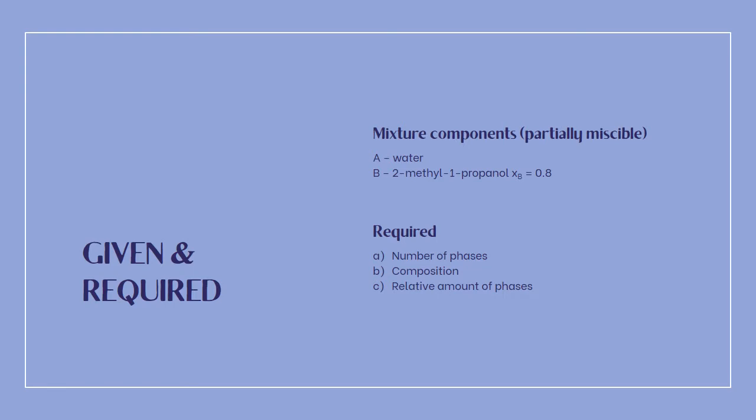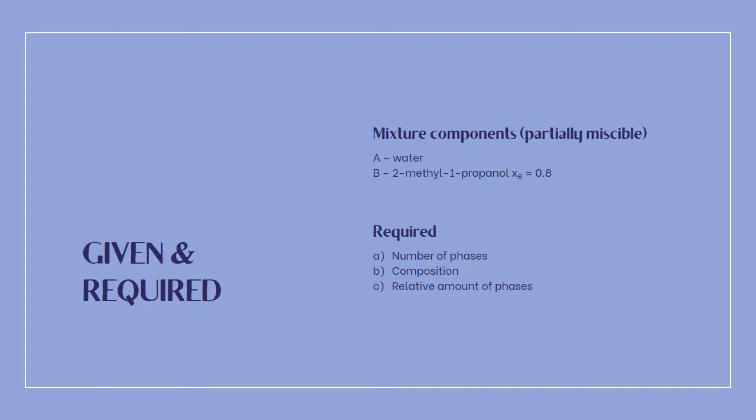We are given a mixture composed of two liquids, namely water and 2-methyl-1-propanol. They are partially miscible, which means that they do not mix in all proportions at all temperatures. The mixture is composed of 80% 2-methyl-1-propanol, thus it is composed of 20% water.